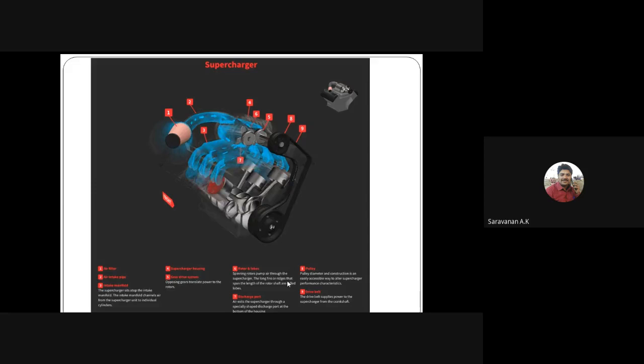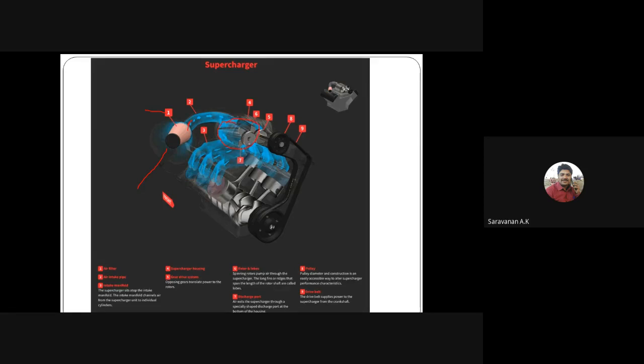Here you can see the atmospheric air passing through this filter, which removes the dust and unwanted particles in the air and gives pure air into the tube, the manifold, and it goes into the compressor chamber.